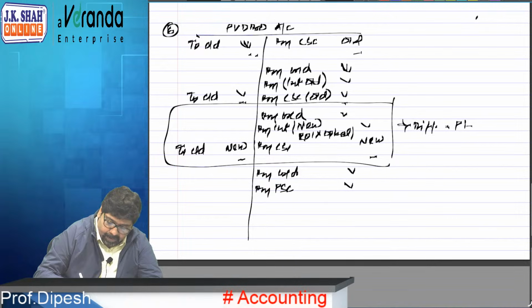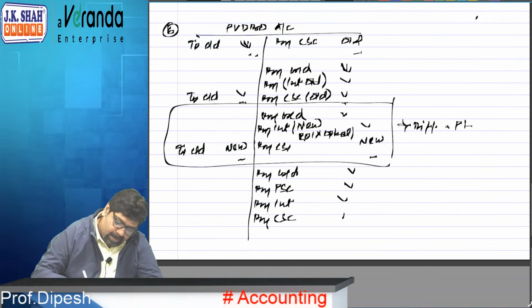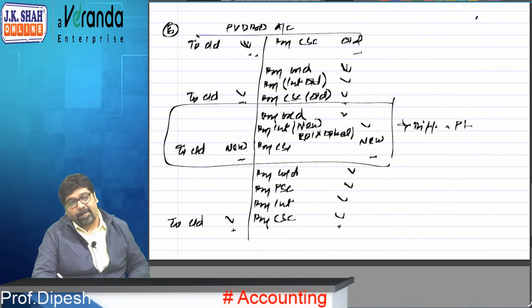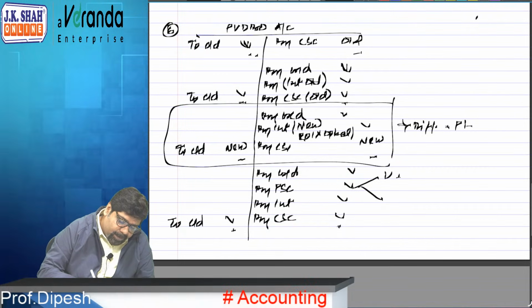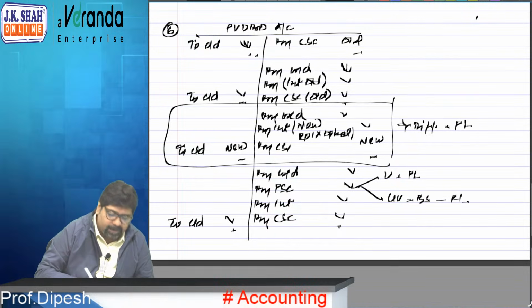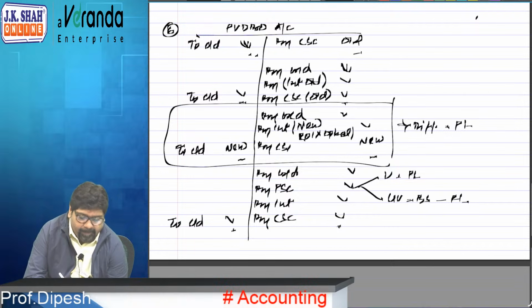By PSC, by interest, by CSC, to carried down. It will go on. Yes or no? This PSC vested portion you will transfer to PL immediately, unvested portion you will transfer to balance sheet, and from the balance sheet it will come to PL every year. Correct? Yes, sir.